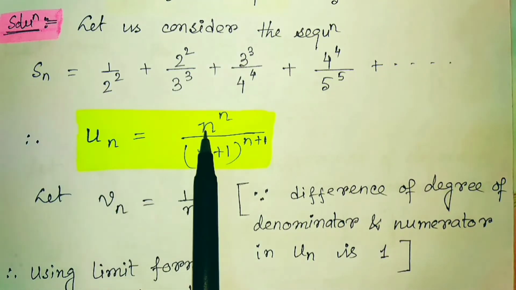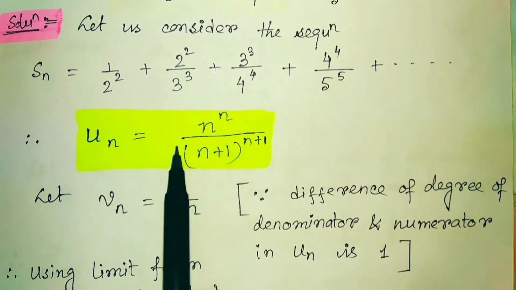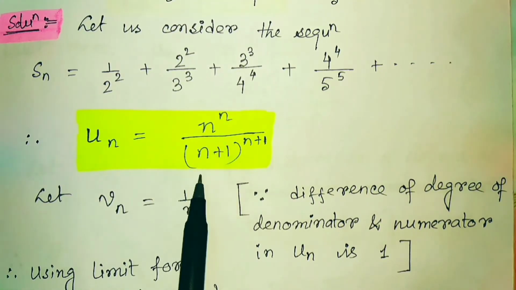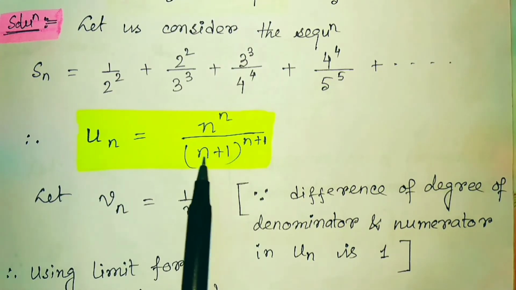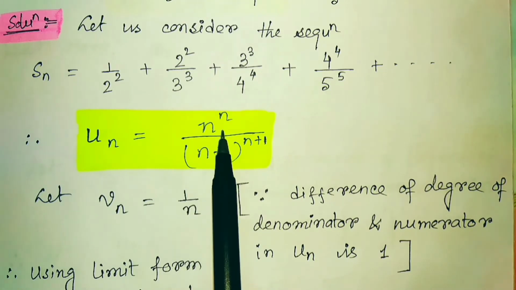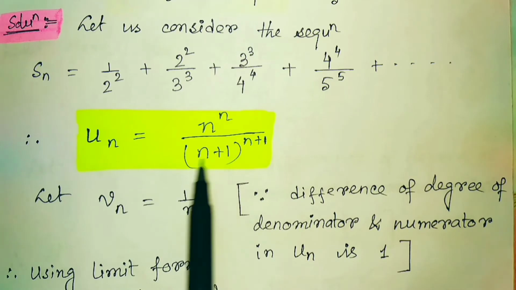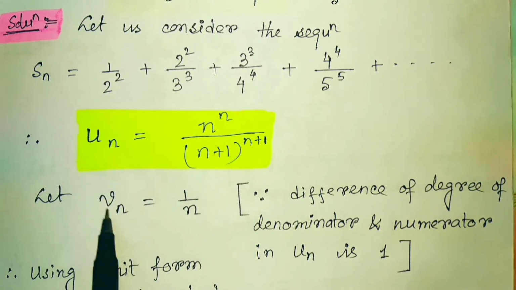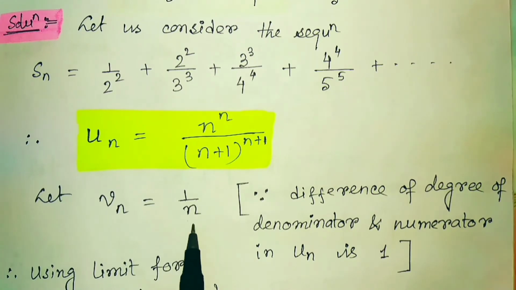So here, just look at n to the power n. In the numerator the highest power of n is n, and in the denominator the highest power of n is n+1. So the difference between these two powers is exactly 1. As the denominator's power is greater than the numerator's, we take Vn equal to 1 by n just to adjust.